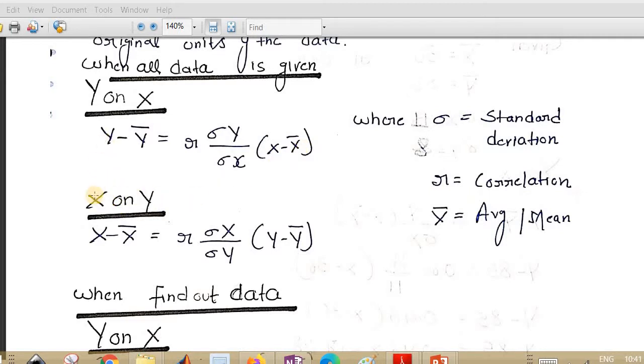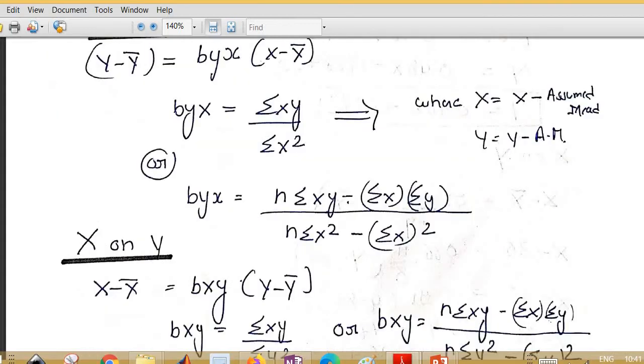Similarly, this is the formula of x on y, that is x minus x bar equals r sigma x upon sigma y, times y minus y bar. Now all the terms are mentioned here: sigma is standard deviation, r is correlation, and x bar is the average value, or you can say the mean.